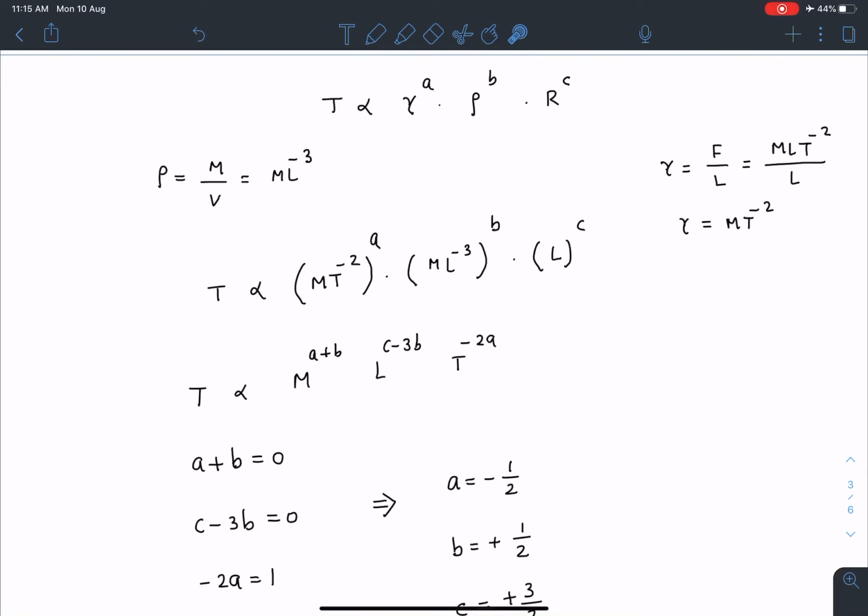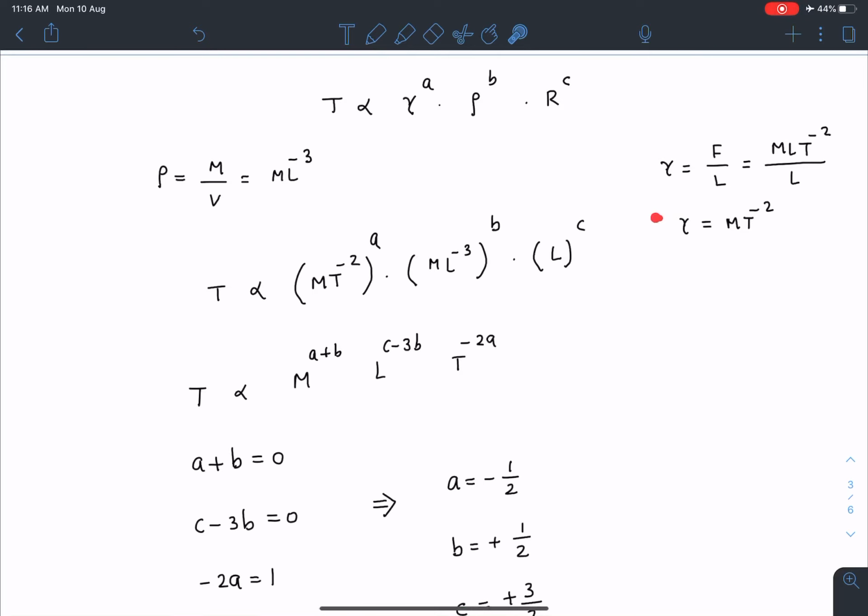Now I can write the dimensions of density, which is mass by volume, so ML^-3. Similarly, the dimension of surface tension, which is force per unit length: force dimensions are MLT^-2 divided by L. So the dimensions of surface tension are MT^-2.